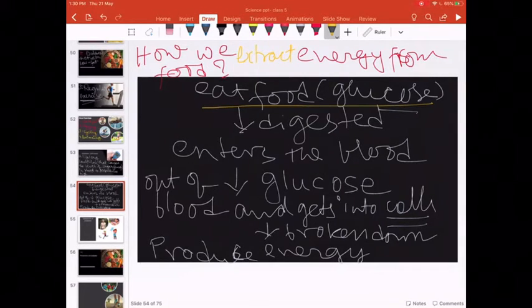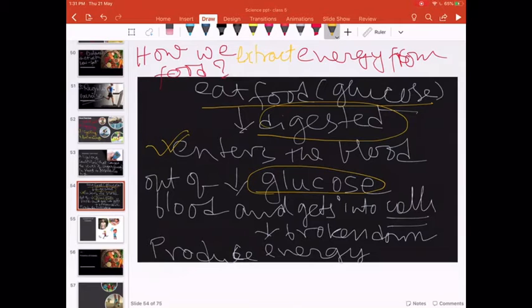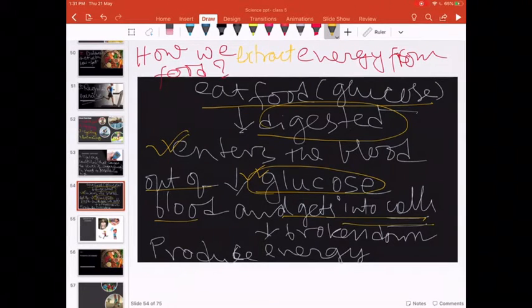What happens? We eat food first. Food gets digested. The digested food enters the blood in the form of glucose. And then this glucose comes out of the blood and enters the cells of our body, and there it gets broken down to produce energy.